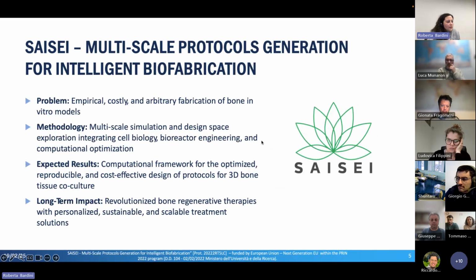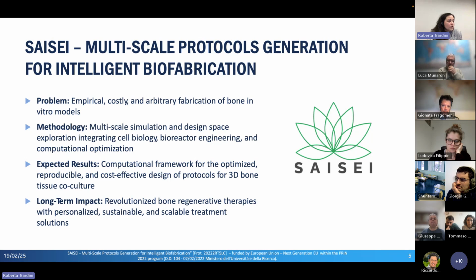And in particular, I'm going to introduce the PRIM project that was the occasion for us to join our efforts in this consortium, which is the Saisei project. Briefly speaking, the Saisei project aims to computationally optimize the design of fabrication protocols, biofabrication protocols in general, and fabrication of in vitro models for bone remodeling in particular.